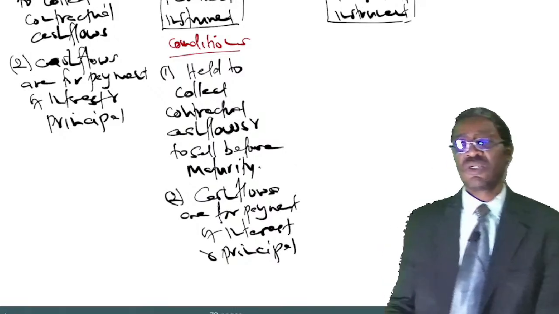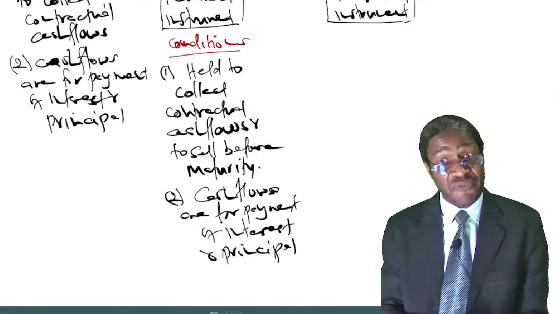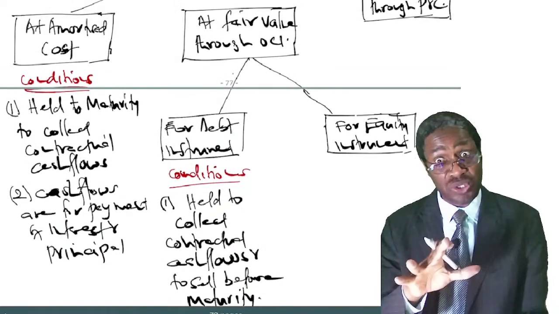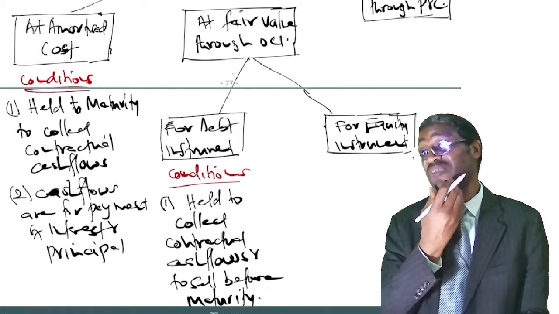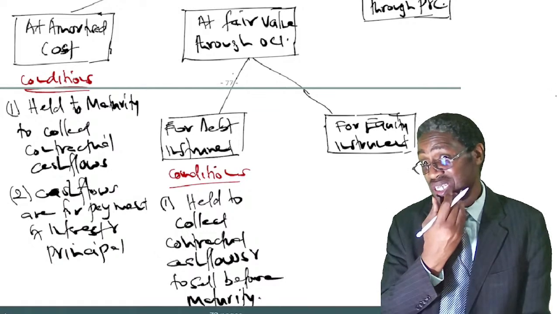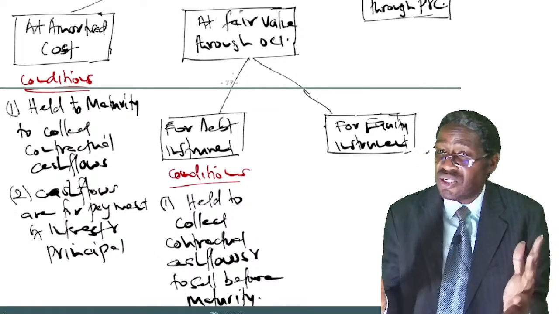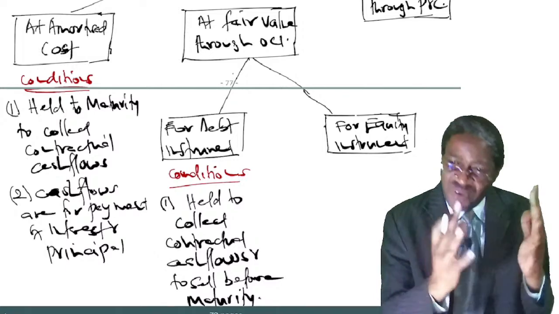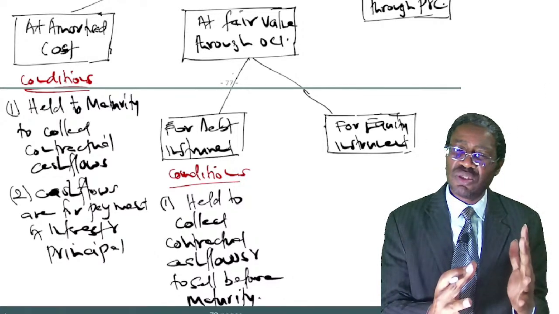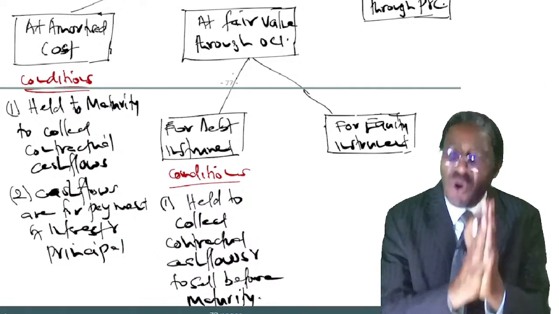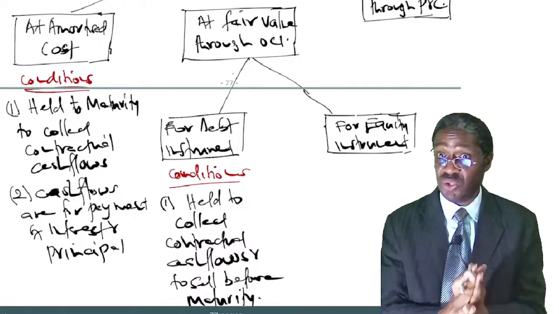Now, I hope you have managed to see the difference between those measured at amortized cost and those measured at fair value through OCI. They are both bonds, they are both debentures. But for the first category, your aim is not to sell; your aim is to hold it until maturity.